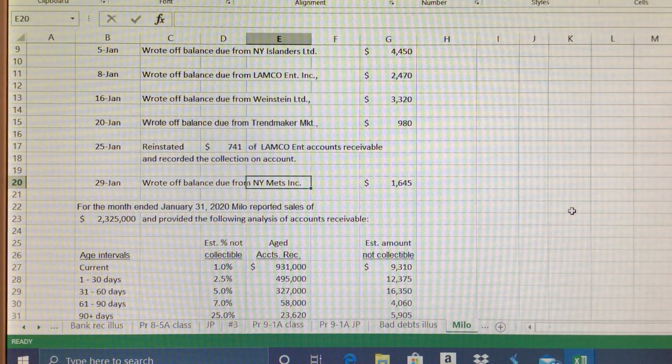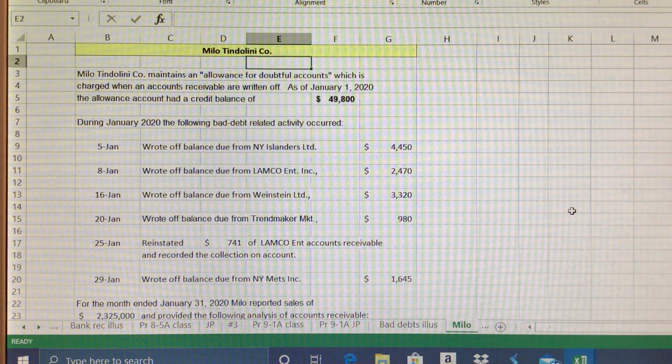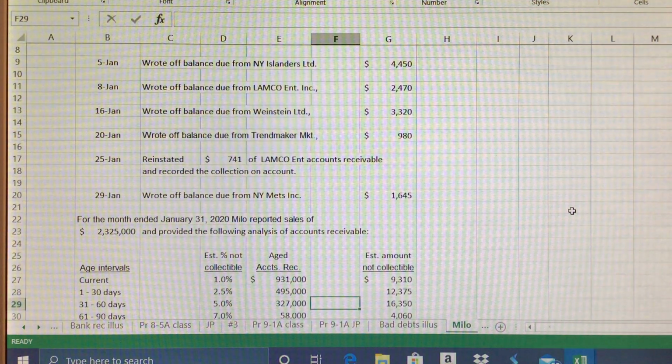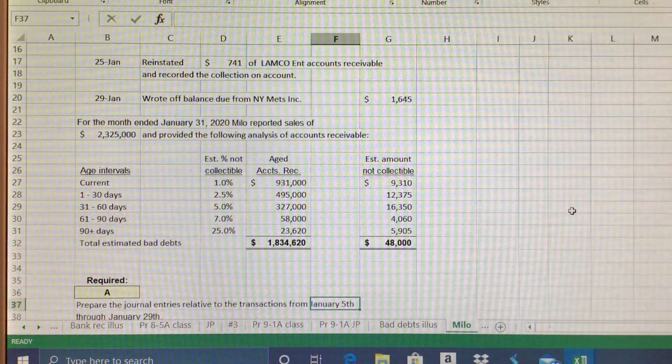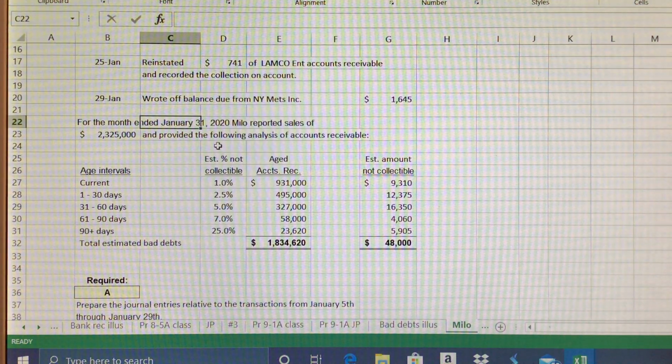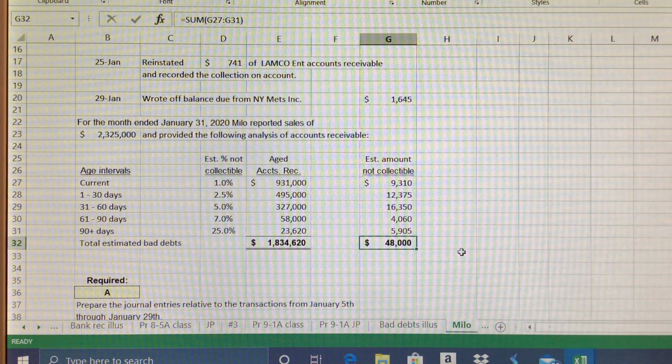So you begin the same way you did with problem 918, which is you have a credit balance in the allowance account. You do some write-offs, you do a reinstatement. The end of the month, which is January 31st, 2020, you calculate the estimated amount uncollectible. It's $48,000.